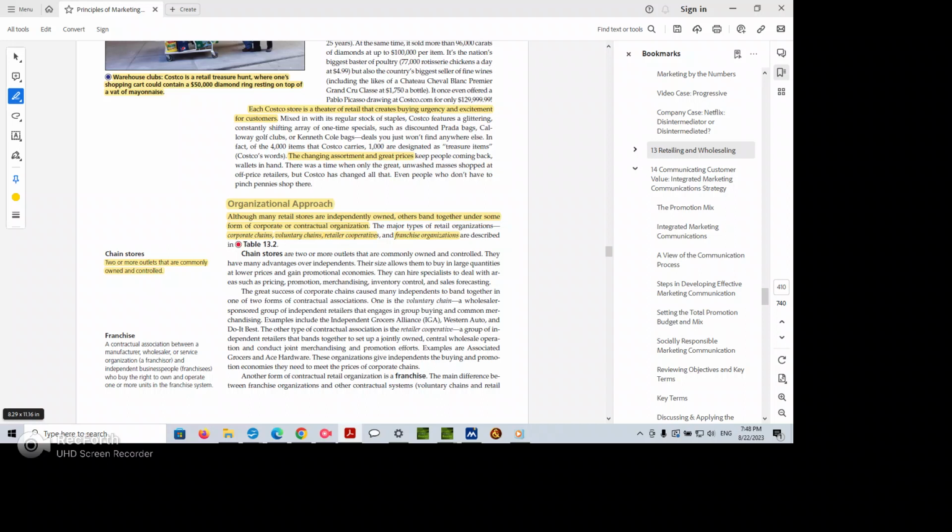The franchisee is the independent business people who buy the rights to own and operate one or more units of the franchise system. So basically, they can open a store and use their name to sell goods. They'll buy directly from them for the goods that they need to sell.